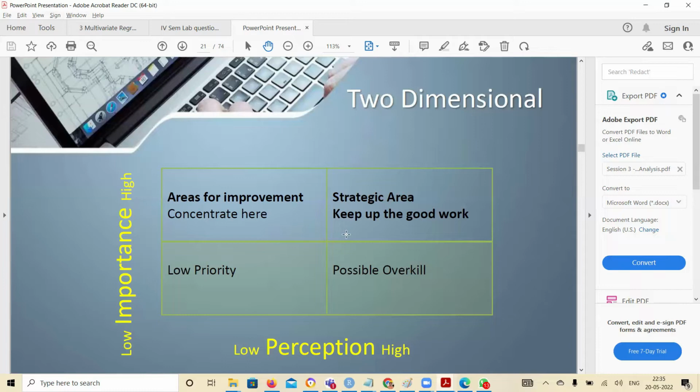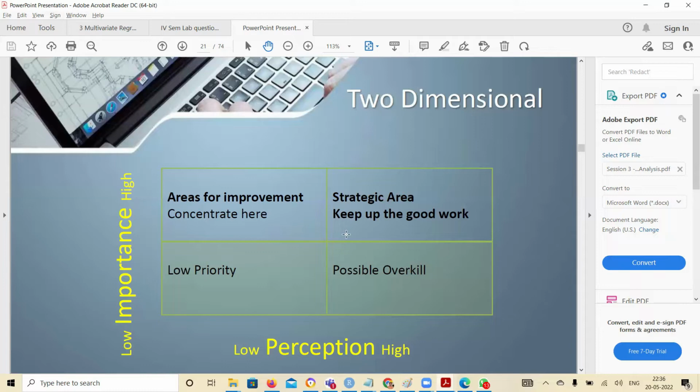Then the last one is the diagonally opposite down of areas of improvement. Possible overkill. It means you think it's great work I'm doing, but the customer's stakeholder doesn't think that you are doing a great job. It's called possible overkill. Overkill in the sense you're putting your effort in things which are not relevant.